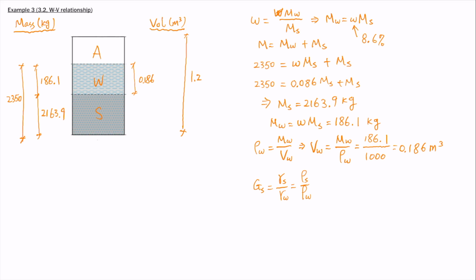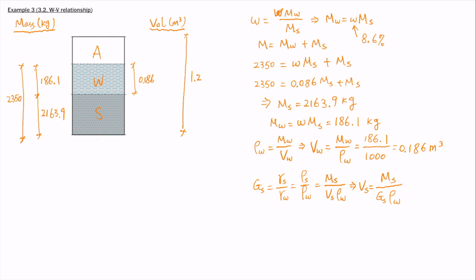Rho S is mass of solids over volume of solids, times the mass density of water. So the volume of solids is mass of solids over specific gravity GS times density of water.